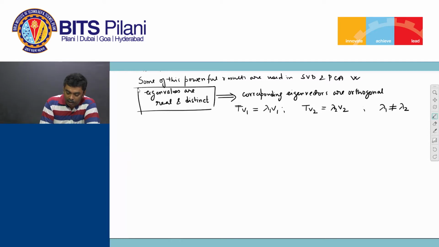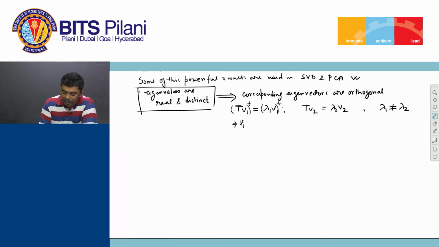We are assuming we are working on real spaces. Even if it's on complex spaces, I can use a skew Hermitian operator, but let's keep things simple. So what I do here is take a transpose on both sides.